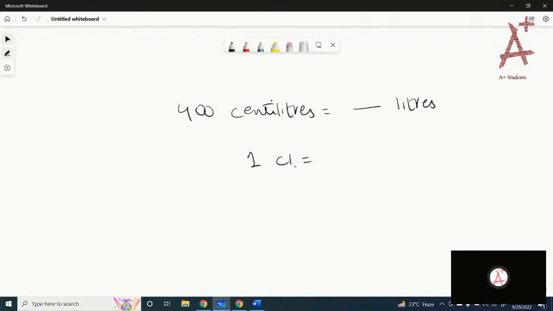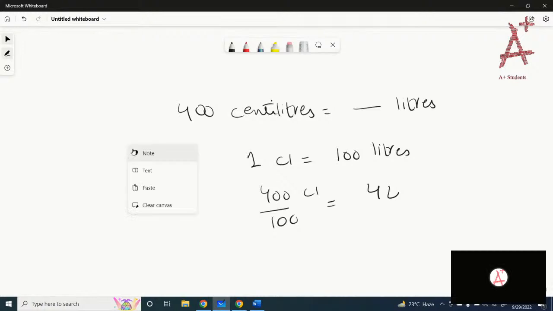In 1 centiliter you have 100 liters. So just divide 400 centiliters by 100 so that the answer is 4 liters. That means 400 centiliters equals 4 liters. Got it? So select the correct option and click on the OK button.